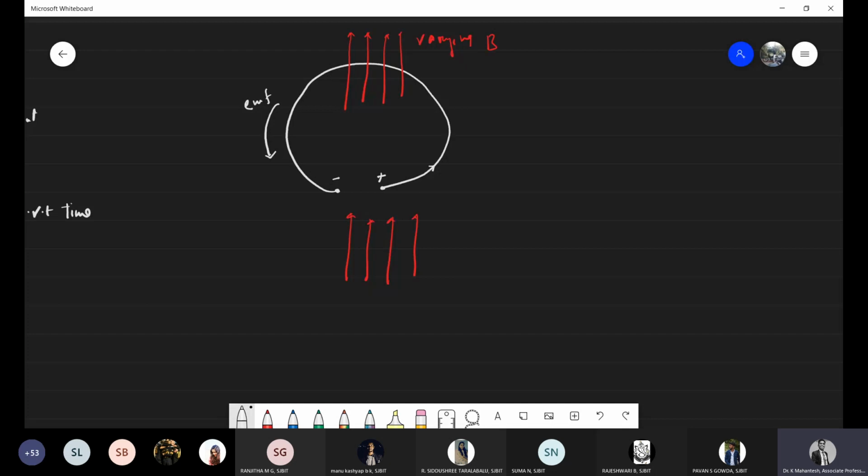And the EMF around the closed path will be equal to the negative rate of change of magnetic flux enclosed by that path. So this is called Faraday's Lenz's law.